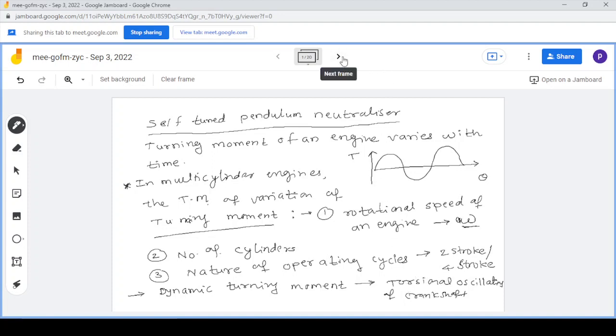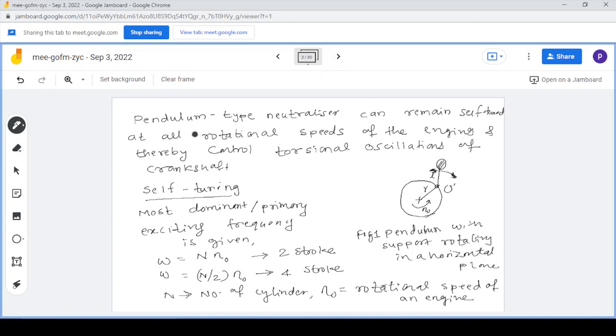For that, what are we using? We are using the pendulum type neutralizer. This pendulum type neutralizer can remain unaffected, or self-tuned, at all rotational speeds of the engine and thereby control the torsional oscillations of the crankshaft. So what is the self-tuning?